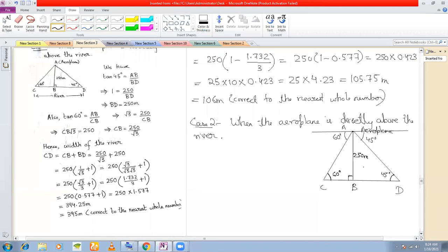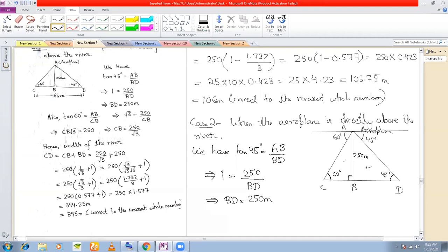So considering this triangle here, we have tan 45 is equal to AB by BD. Tan 45 is 1, AB is 250, and we need to calculate BD. So that means we are getting the length of BD as 250 meters.